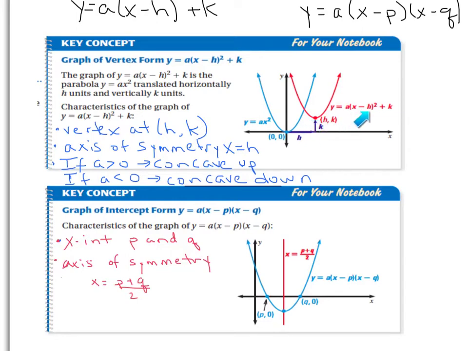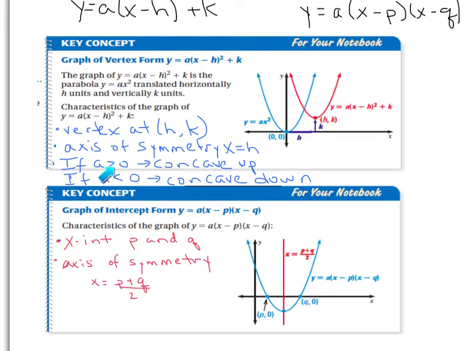You will see the h and the k in the general form as well. The axis of symmetry, now be aware that it is a line, x equals h. It is a line that if you were to fold the parabola over on top of, then it would be symmetrical about that line. And the a value, remember, if you look in the general form, a is the coefficient of the quantity that's being squared.